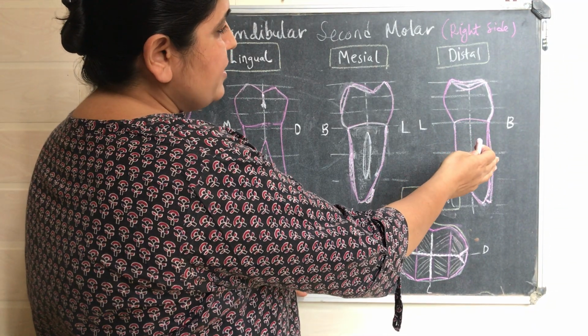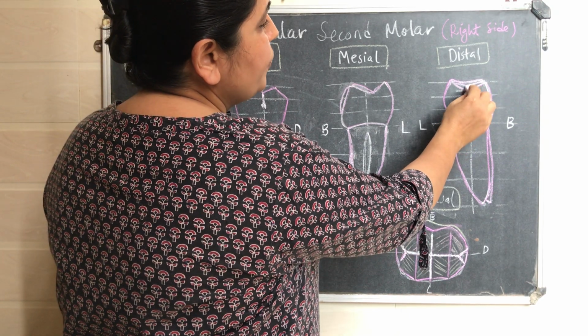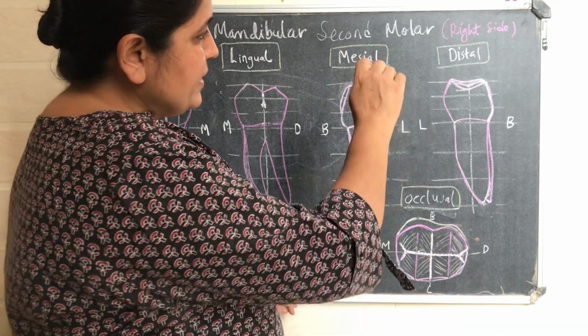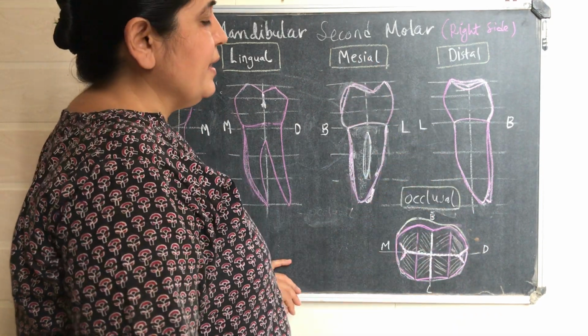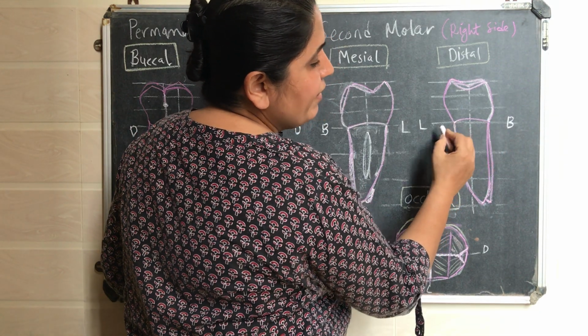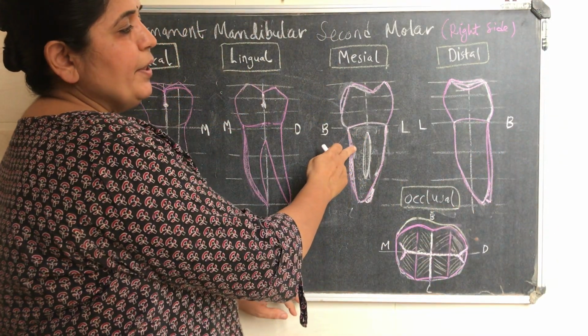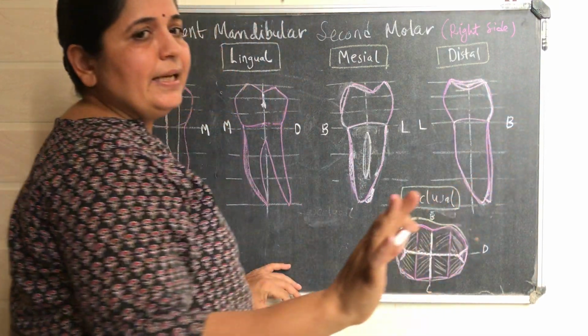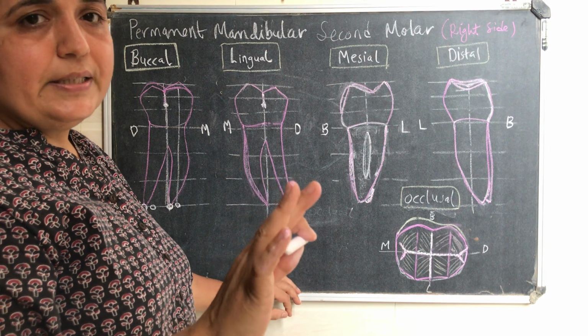From the distal aspect, more of the occlusal surface is visible because the distal marginal ridge is placed at a lower level. The curvature of the cervical line is less as compared to the mesial side. Here no distal cusp is visible from the distal aspect.